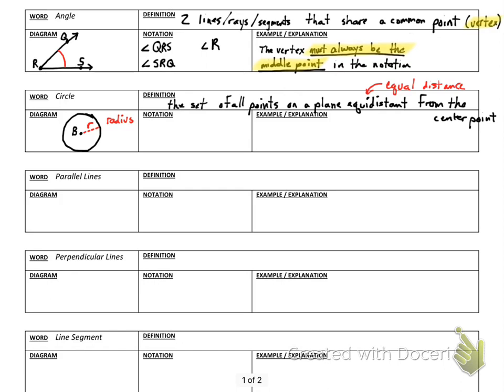If you have those two pieces of information, you have everything you need to know about a circle. Okay, so if we're trying to talk about this particular circle, this circle with center point B, this is going to be circle B. The only thing you have to write down is what the center point is.